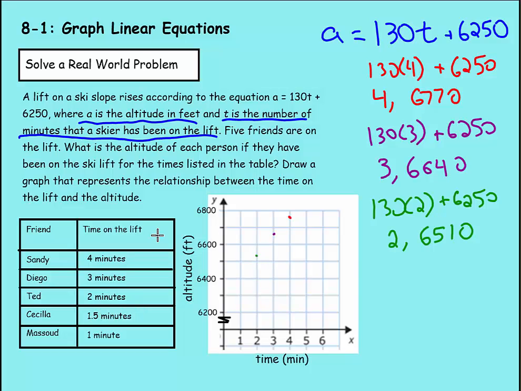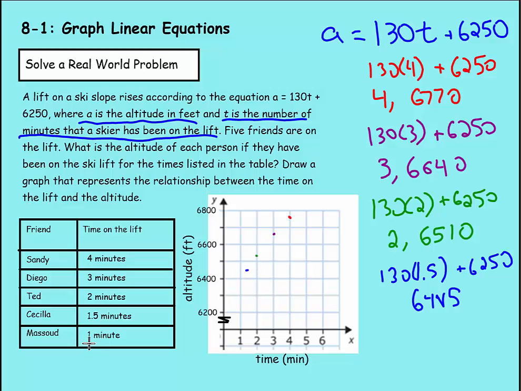Now we have 1.5. So we would do 130 times the 1.5, plus the 6250. 130 times 1.5 is 195 plus 6250 gives me 6445. So we'd have 1 1/2 and 6445, right about there.